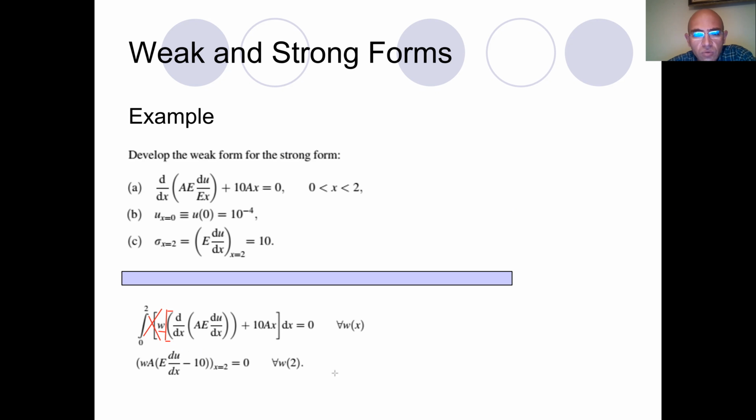And we now know that the traction boundary condition is defined. So it is wA, since E du dx has to be equal to 10. It's not a problem if I multiply it with the area A, and I can multiply it with the weight at x equal to 2.